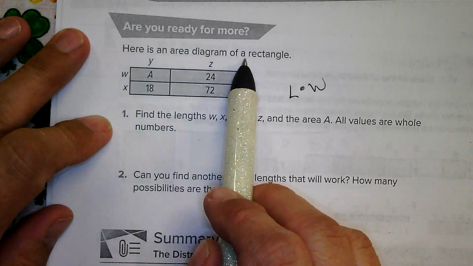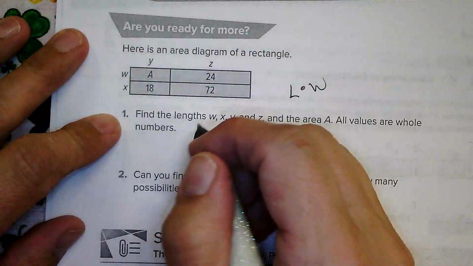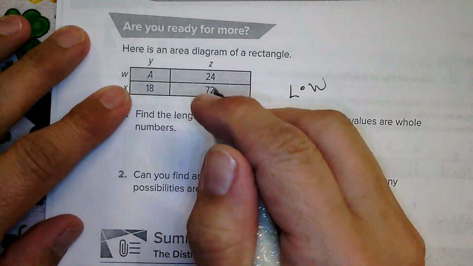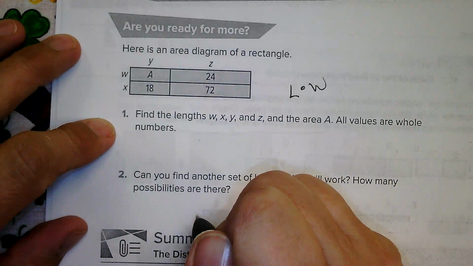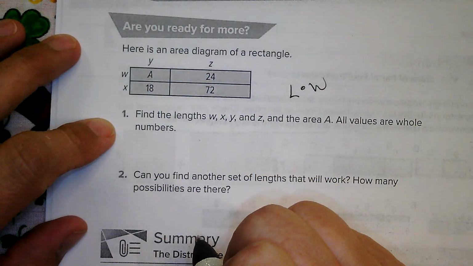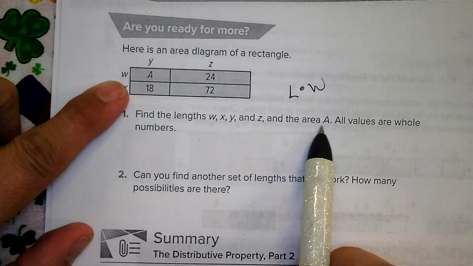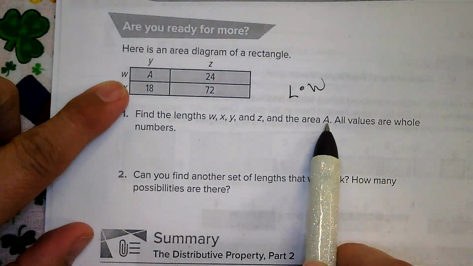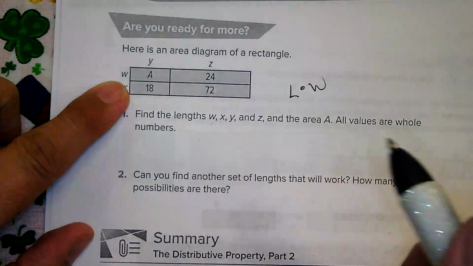Here's the area diagram of a rectangle. So we have, this one would be, well, this is confusing. A is area, so this is the area.